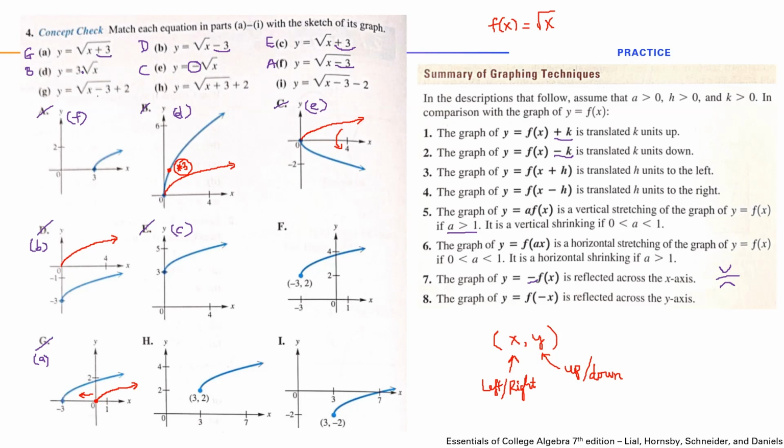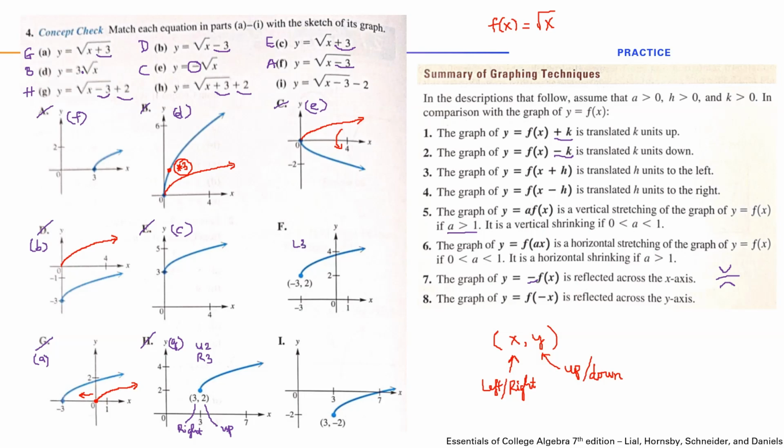Now we have x minus 3 inside, so that moves to the right 3 units, and plus 2 outside, that is up 2 units. Up 2, move to the right 3 units, so that will be G. Now for H, we have plus 3, it means move to the left 3 units, and then up 2.